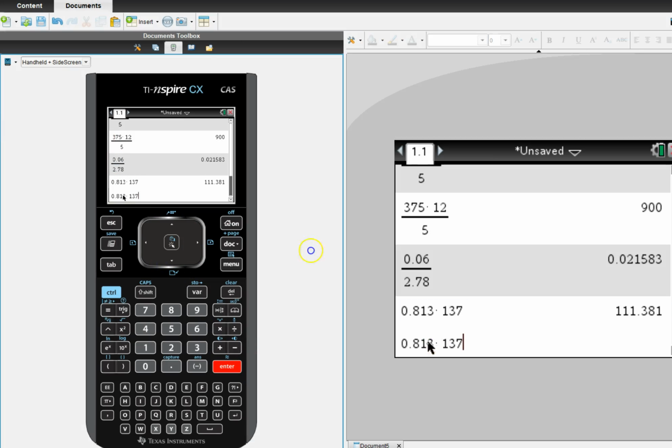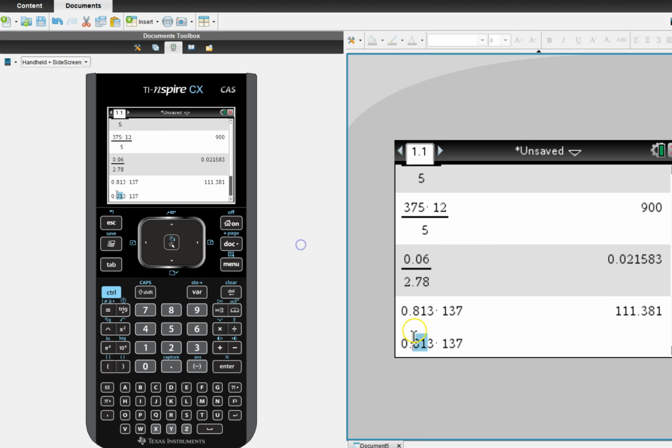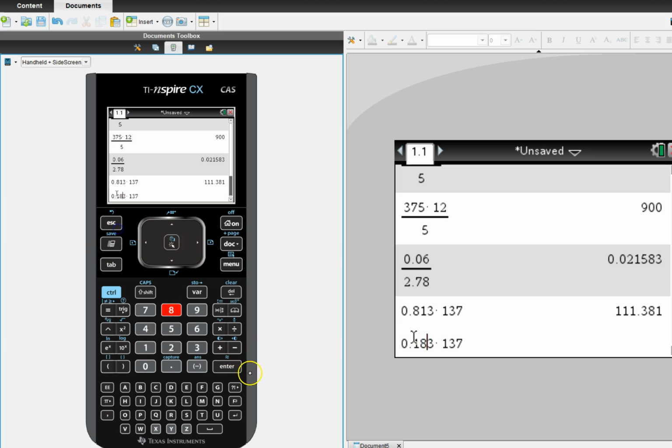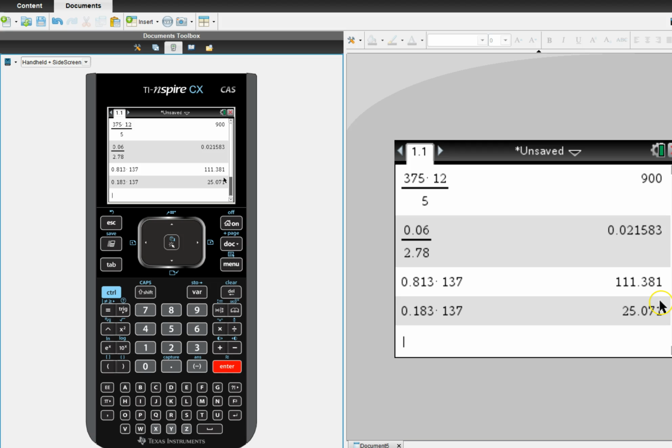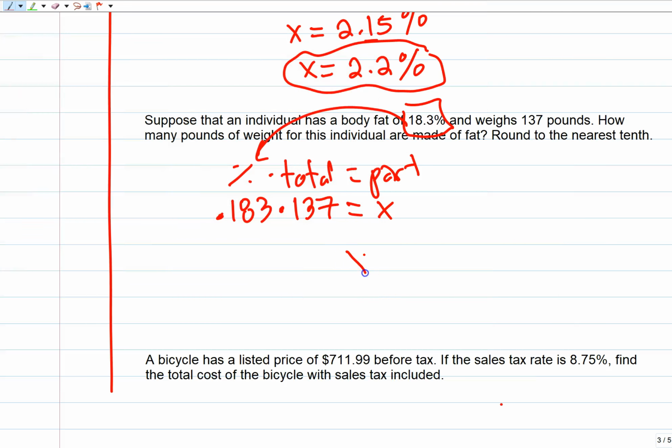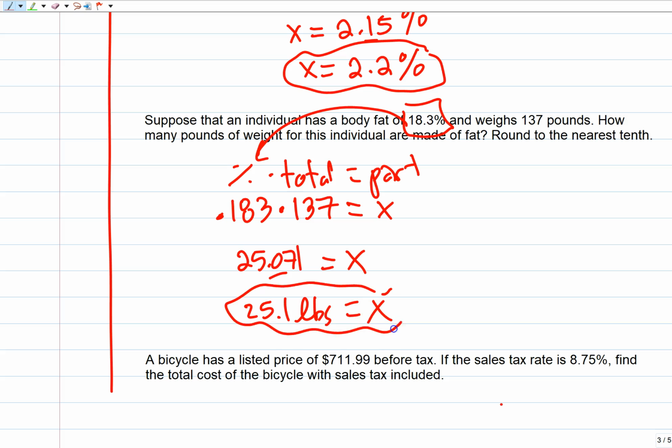I was like, that is a lot of fat. 0.183 times 137 is 25.071. So to the nearest tenth would be 25.1 pounds of fat. Blech.